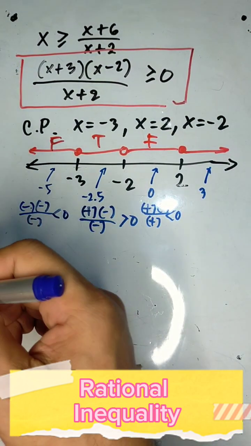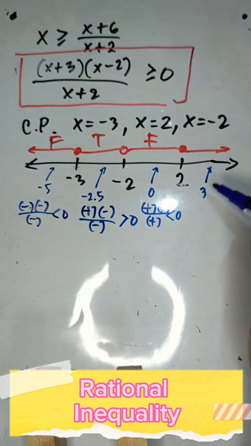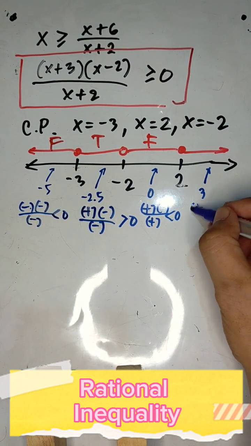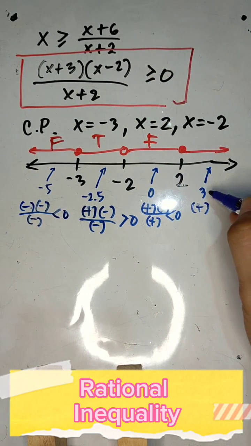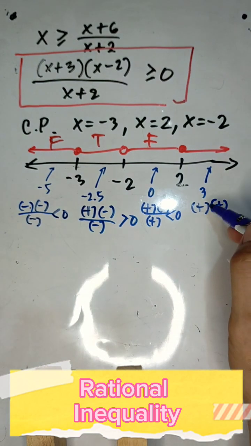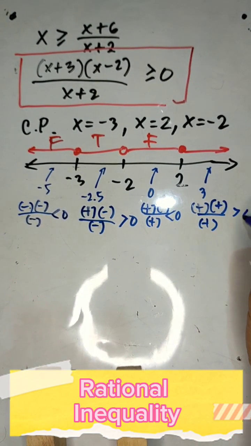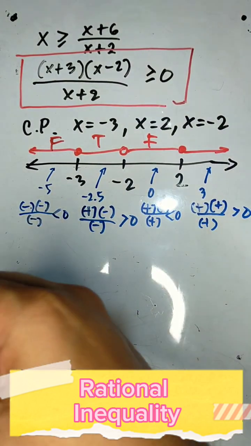The next one, our test point is 3. So that's 3 plus 3, it gives us positive. Then 3 minus 2 gives us positive. Then 3 plus 2 gives us positive 5. It's positive, so that's positive. So this interval here is true.